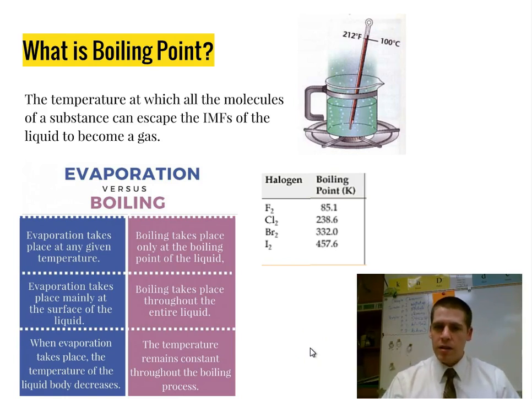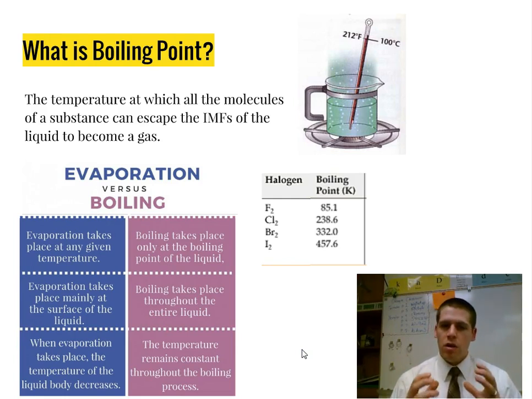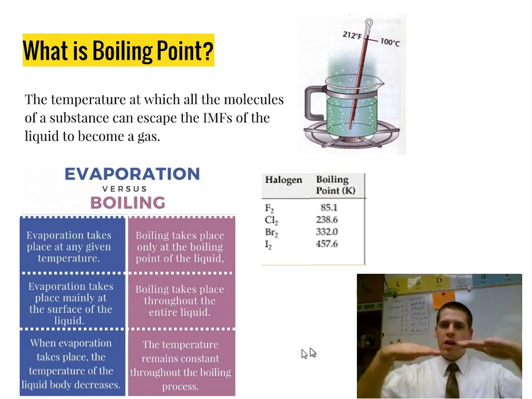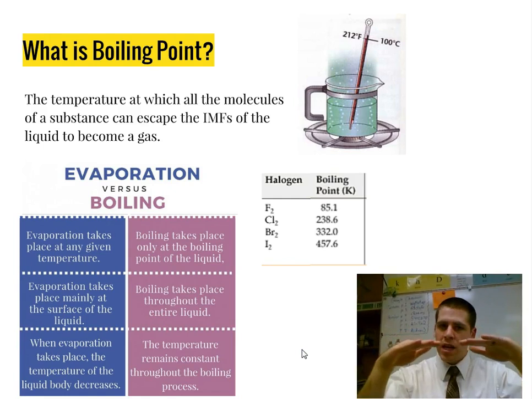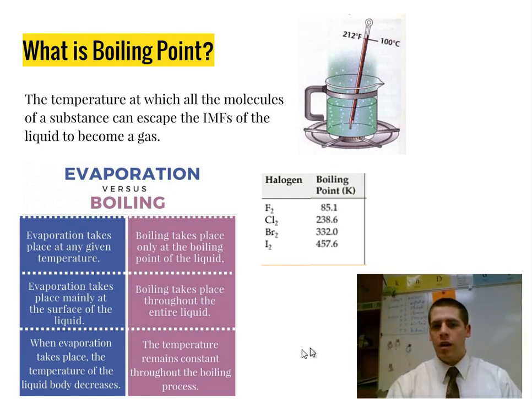Boiling point is the temperature at which a liquid will boil. Or in other words, the temperature at which a liquid will evaporate from throughout the entire liquid. So if you think back to evaporation, evaporation happens only at the surface of the liquid, right? Only surface molecules are randomly getting enough energy to escape into the air.